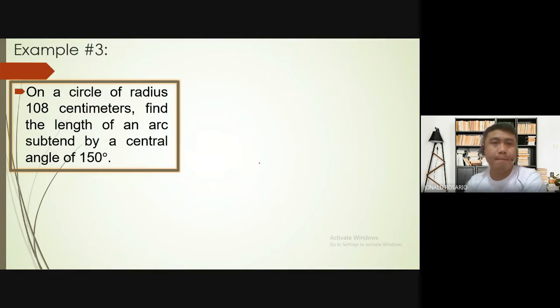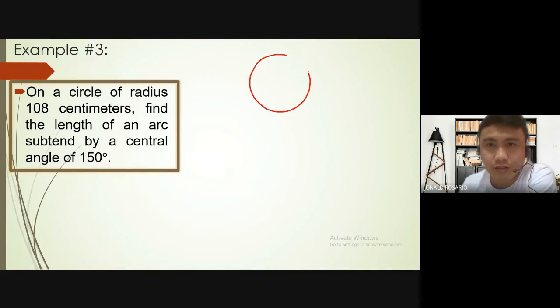Okay, example number 3. On a circle of radius 108 centimeters, find the length of an arc subtended by a central angle of 150 degrees. Okay, so meron ulit tayong circle. Ang radius daw ay 108 cm.